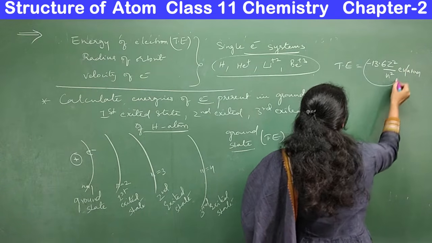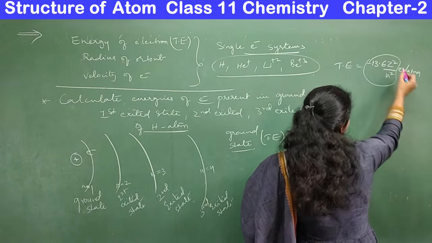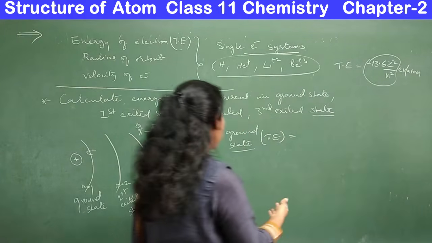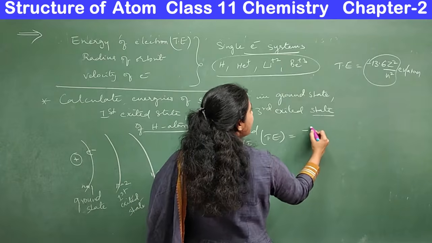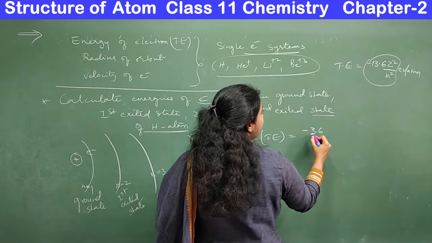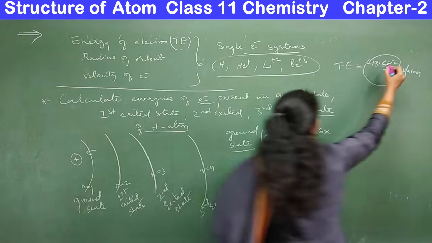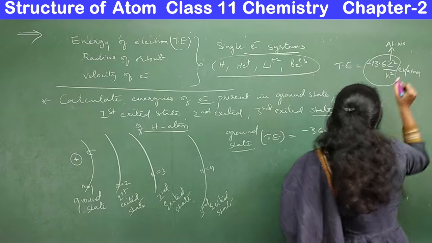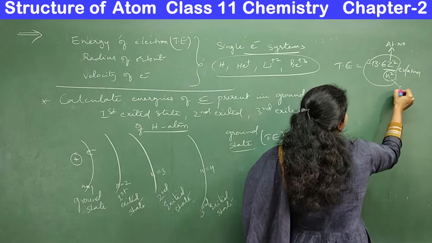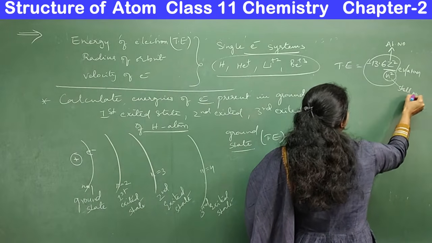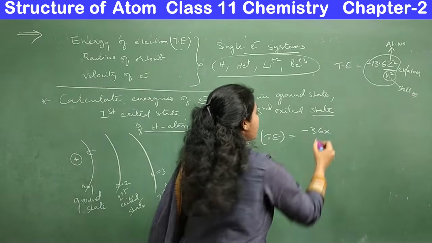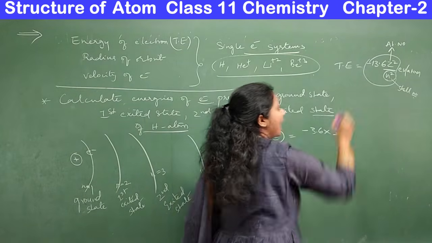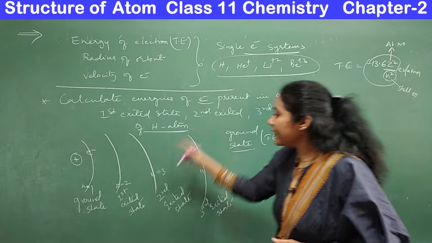If you use this formula, you will get your answer in electron volt per atom. Z is nothing but the atomic number of the element. n is nothing but the shell number. So here for hydrogen the atomic number is 1, so 1 square divided by, ground state in the sense what?